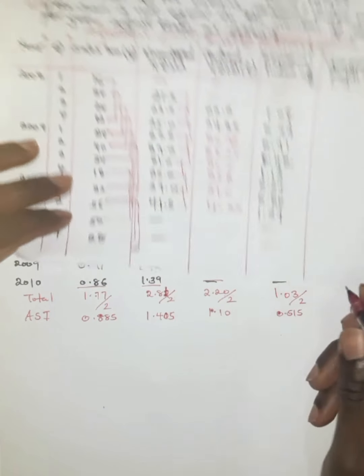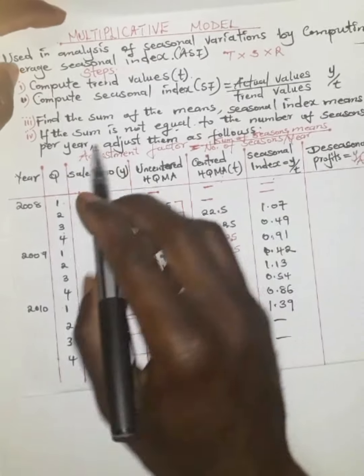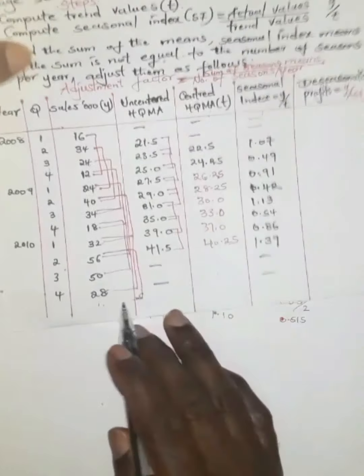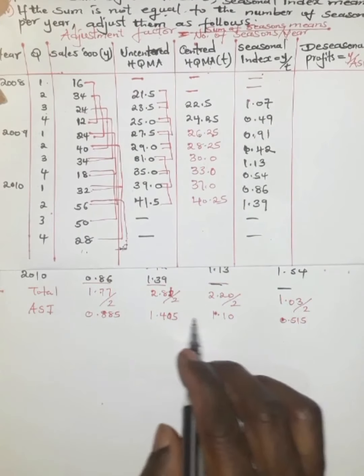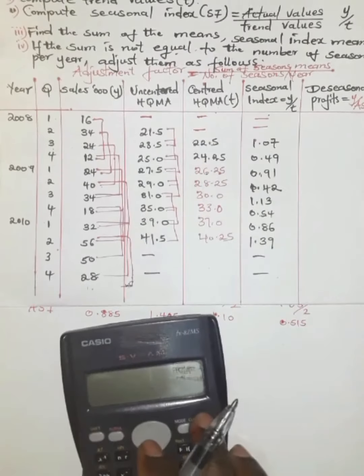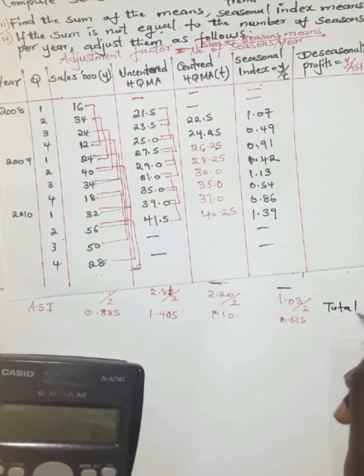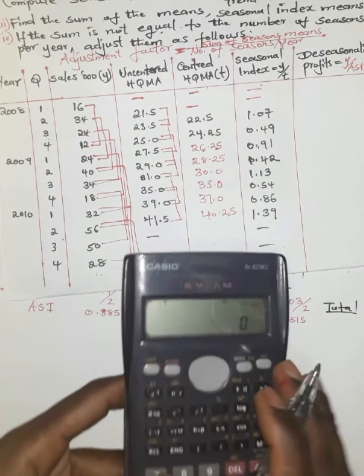And then you're told, if the sum is not equal, you get the sum of the means. So we are going to get the sum of the means first. Let us add and see what comes. You shall get their total here, the sum of these means.